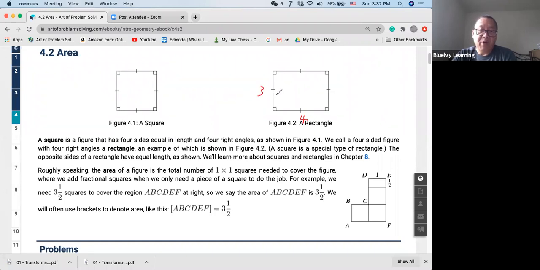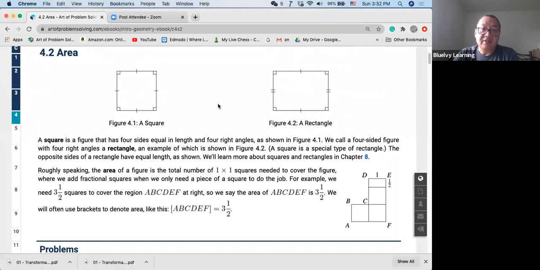Then you use 1 by 1 squares to fill this rectangle. You need how many? You need 12, right? Then you can totally fill the inside of the rectangle. So that means the area of this rectangle equals 12, right?